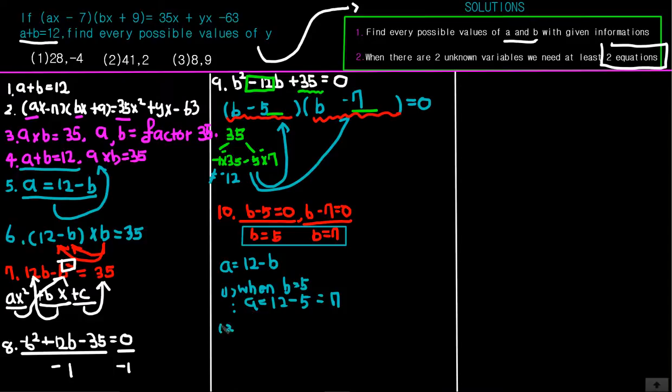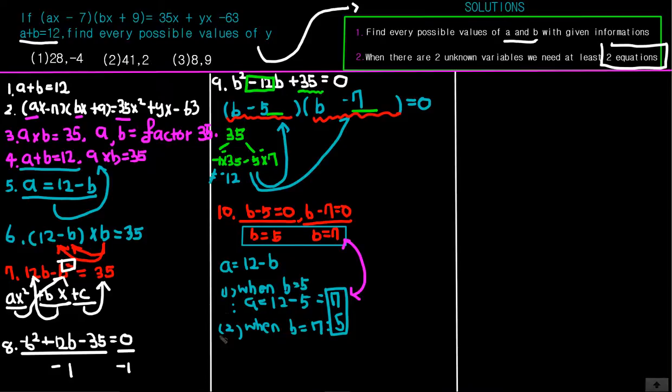And for the second one, when b is equal to 7, then a is 12 minus 7, which is 5. These are the two possible values, with a and b swapping values. So there will be two possibilities for the quadratic.